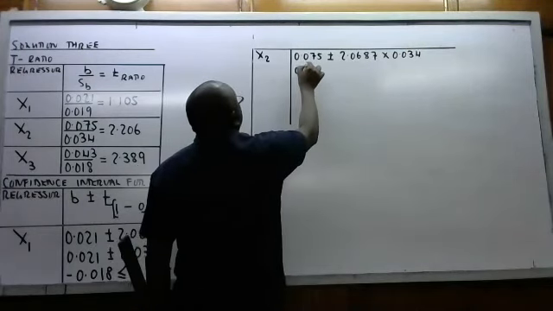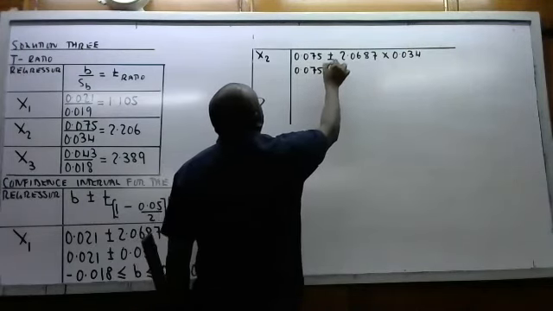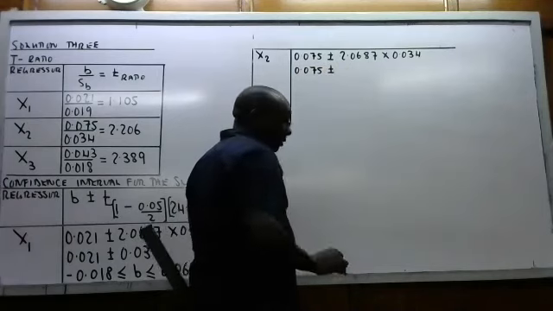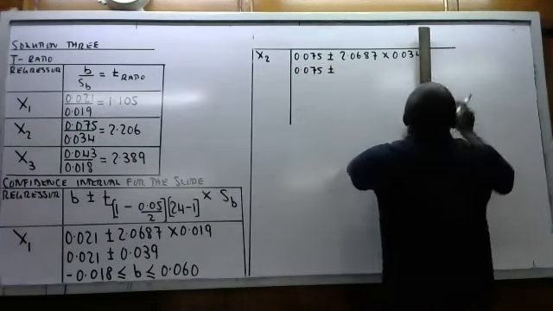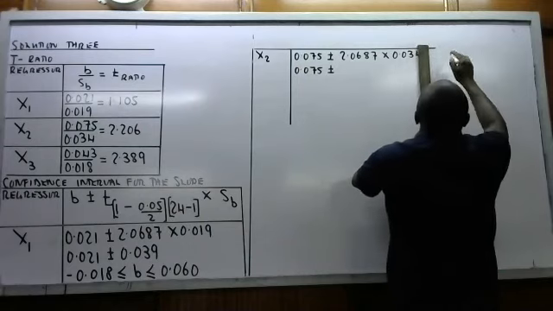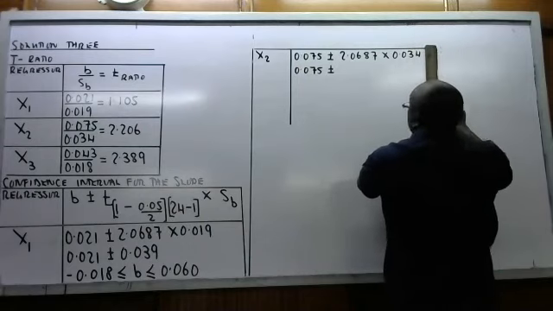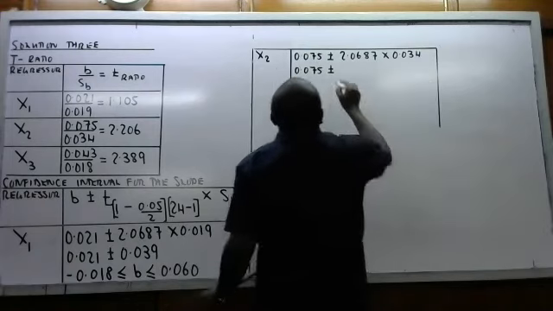So 0.075 plus or minus, give me the answer again to 3 decimals.